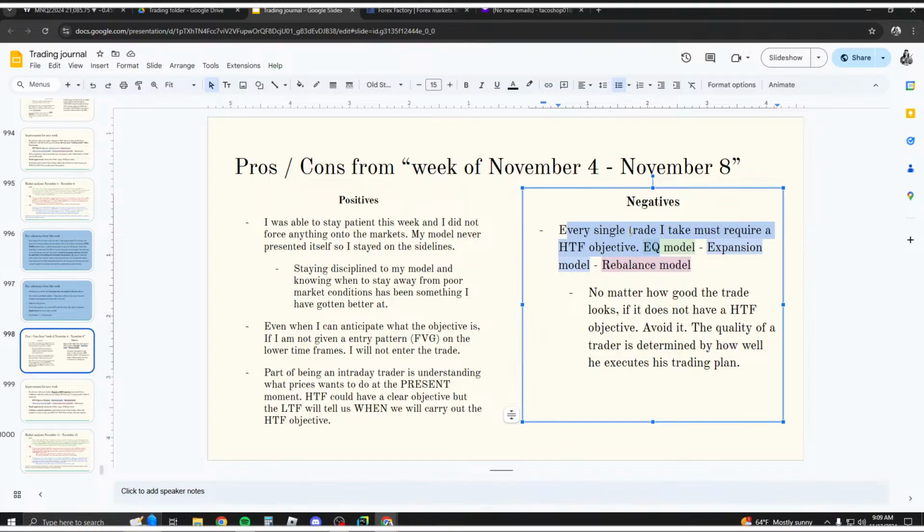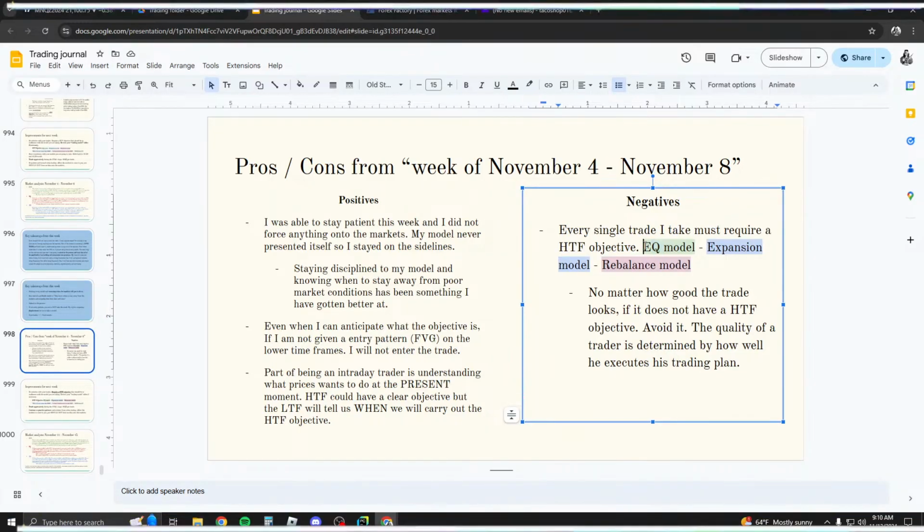So why do prices move? There are 4 reasons why, right? To generate liquidity, to take liquidity, to rebalance inefficiencies, and to retrace back into premium and discount. Out of those 4, I've created a model for 3 of them.